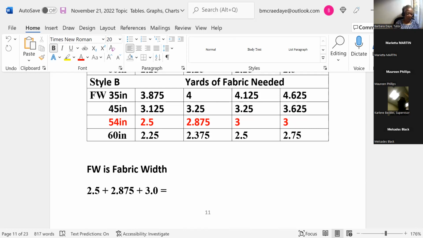Okay. 2.5 plus 2.875 plus 3. Anybody get an answer?